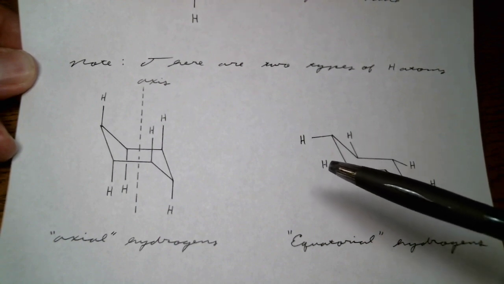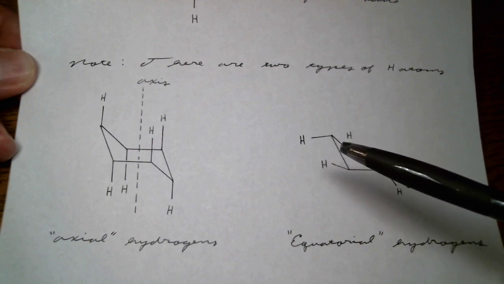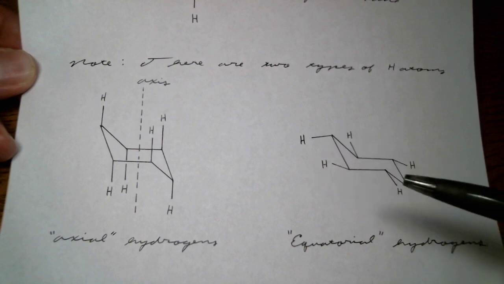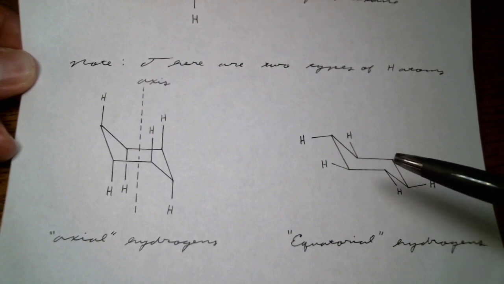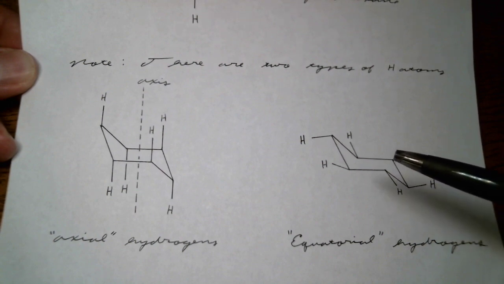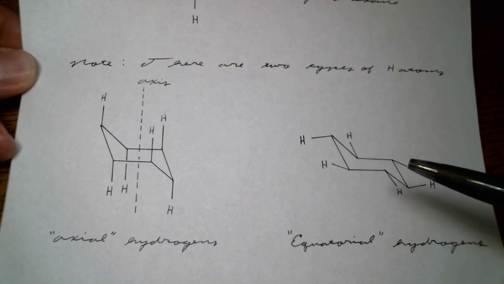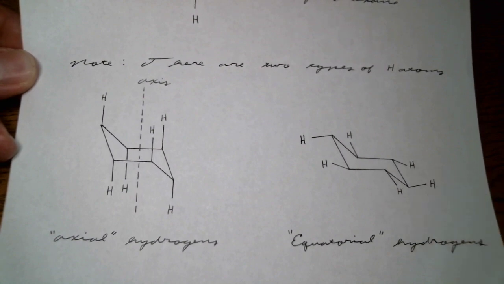Similarly, this axial hydrogen, its bond should be fairly parallel to the opposite side carbon-carbon bond. And you can see the same thing holds true here. This equatorial hydrogen is parallel to this carbon-carbon bond across the ring, and this equatorial hydrogen bond is parallel to this carbon-carbon bond across the ring.